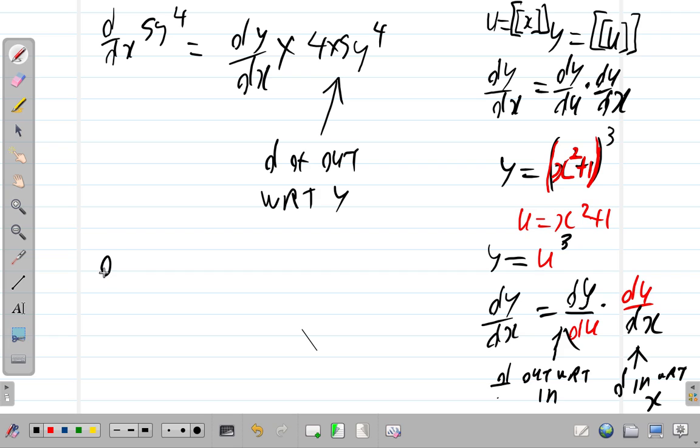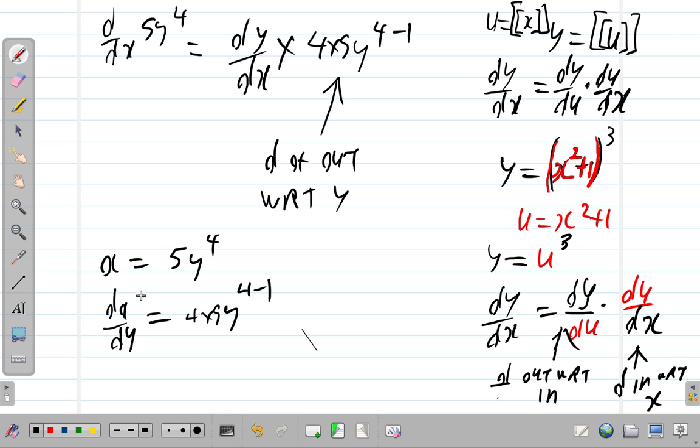Suppose you had A is equal to 5y to the 4th, and I ask you to find dA by dy. What you would get is 4 by 5y to the 4 minus 1.